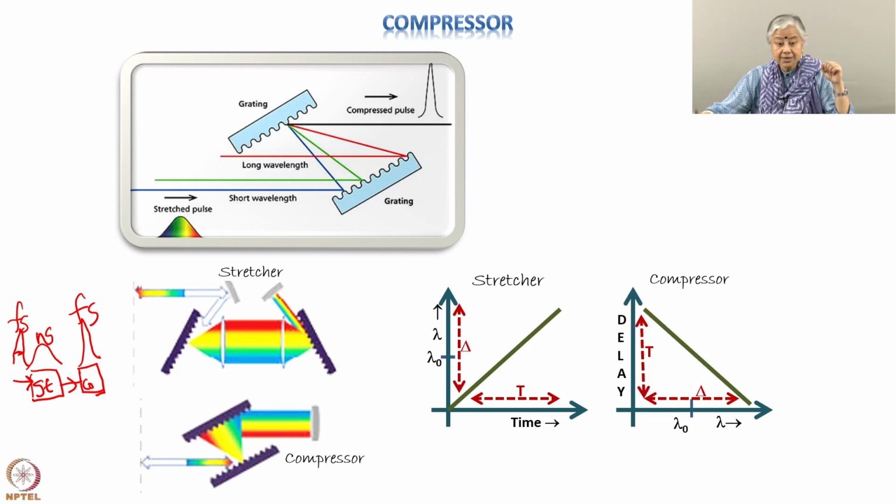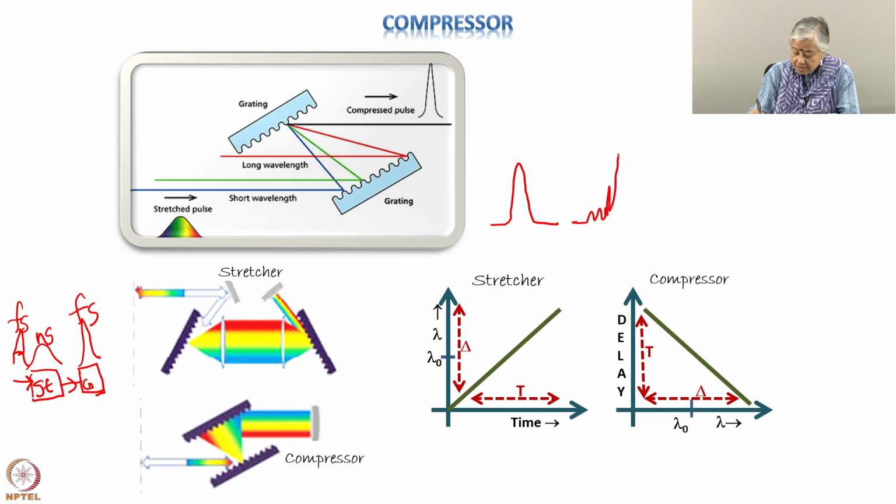Quite often in the real world, in a real system, you have the compressed pulse. Suppose this is my input pulse, it is a nice clean pulse. The compressed pulse may not look as clean as this, it may look something like this, or it may have some more peaks here, and it is not a clean pulse like this.